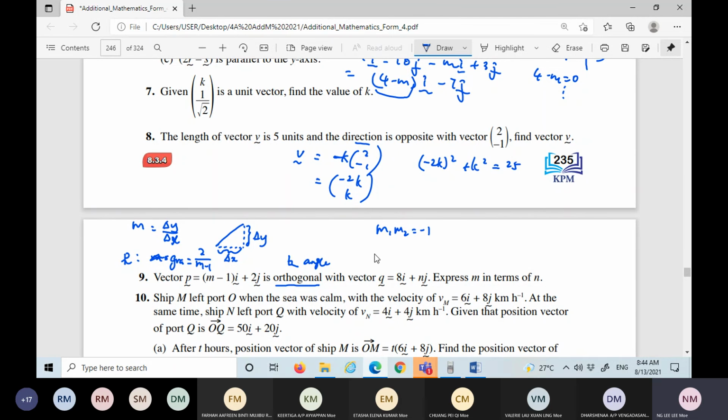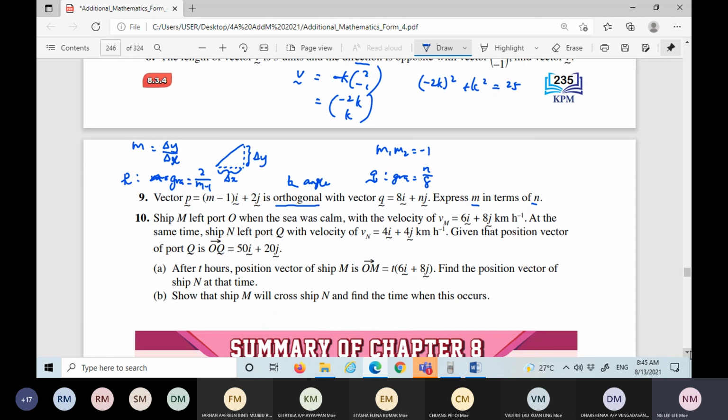Then for the q, the j is n, and for the i part, which is 8. You just get these two gradients, multiply, and let it equal -1. Then express m in terms of n. So this is for number 9.